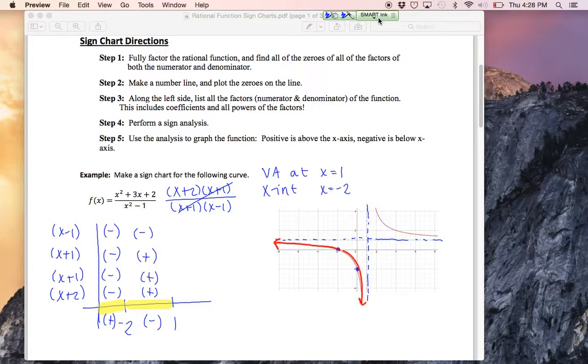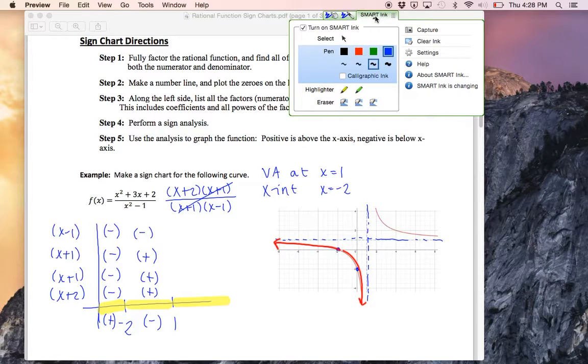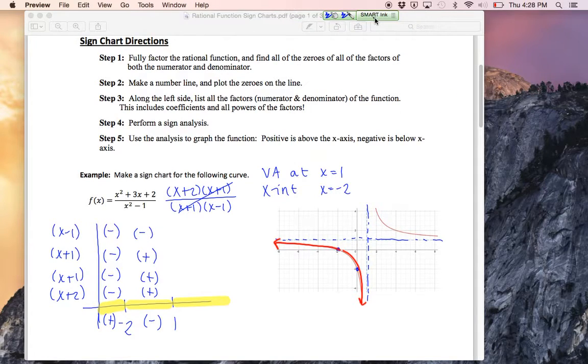Now the only region that's left here is this part to the right from 1 to infinity. So I'm going to pick an x value in that region, let's say 2. If I plug it into my function, 2 minus 1 is 1, so it's positive. 2 plus 1 is 3, so that's positive. 2 plus 1 is 3, that's positive. 2 plus 2 is 4, that's positive.